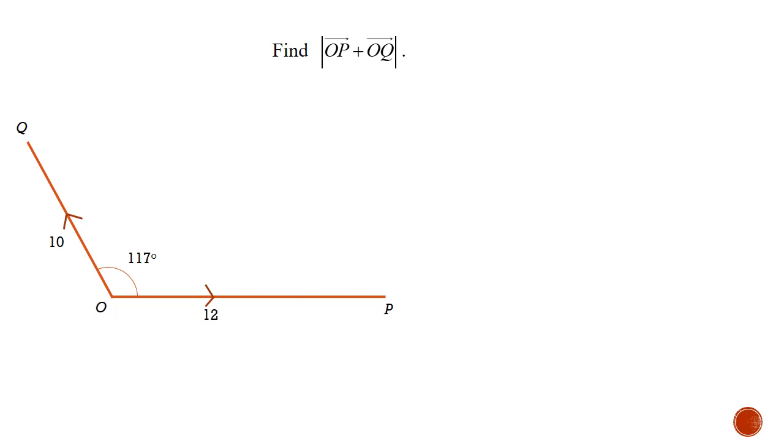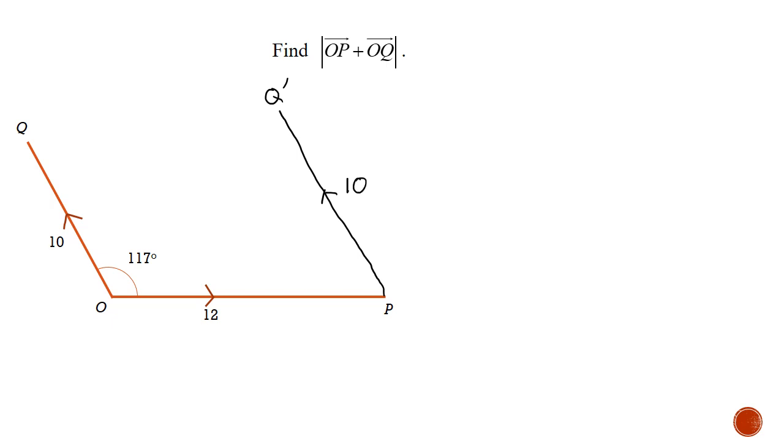a continuous path. We can easily correct this by shifting vector OQ parallelly over to this side to form the new vector PQ prime. By shifting it parallelly, we can ensure that the direction remains the same and the magnitude remains to be 10 units.